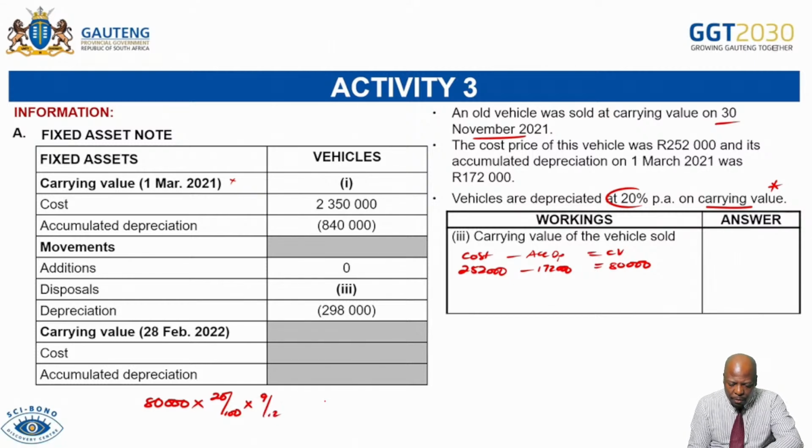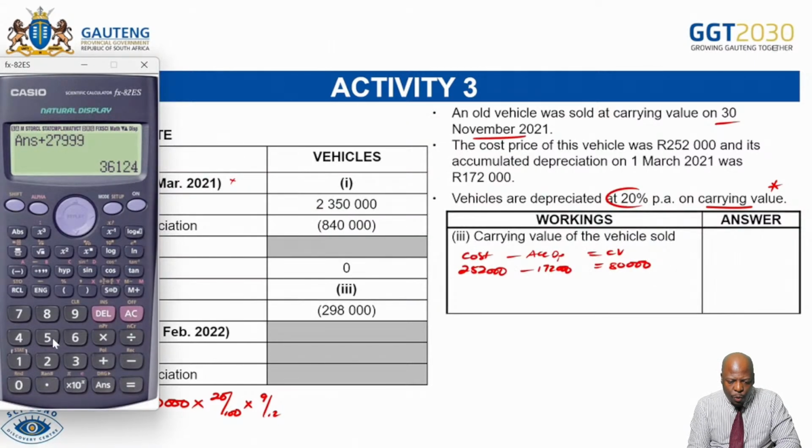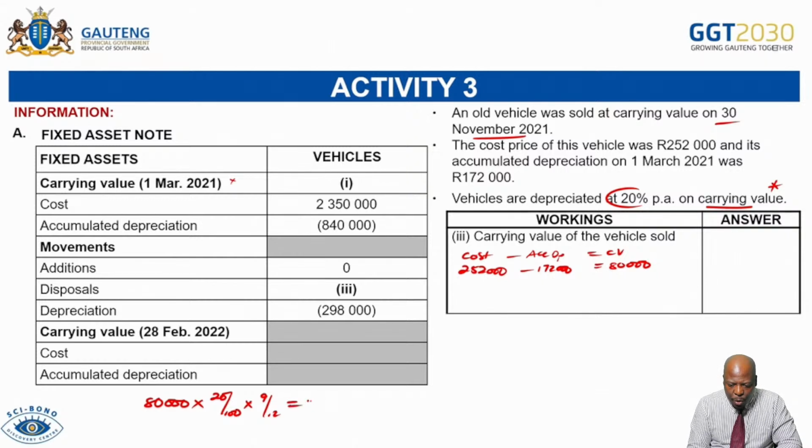So 80,000 multiplied by 20 over 100 multiplied by 9 over 12. That's going to give us 12,000. That is our depreciation.